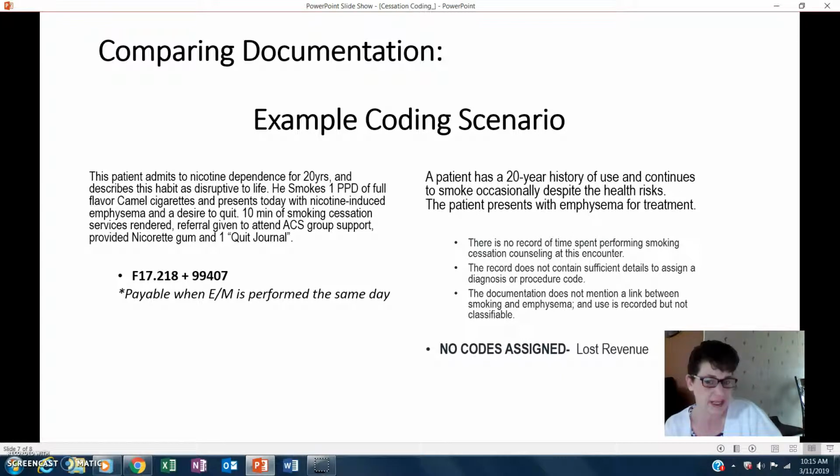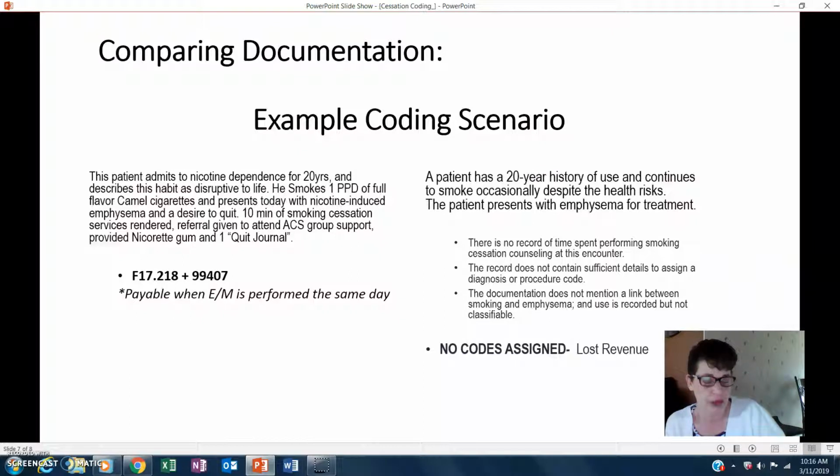So in this case, you would likely be able to bill 99407 for the 10 minutes of cessation spent in counseling, with a diagnosis of F17.214 to describe his nicotine dependence on cigarettes, as well as the E&M service that would have been provided to deal with the emphysema that was induced from the nicotine history.